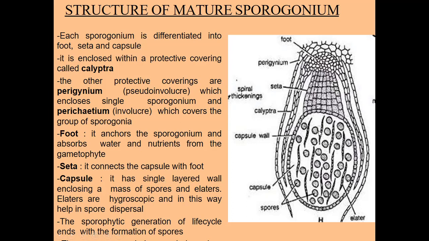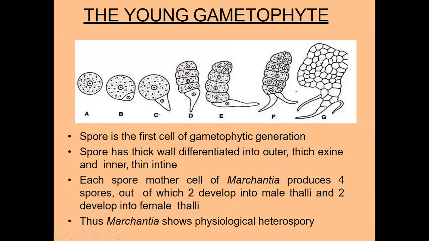These elaters help in dispersal of the spores from the capsule region. When the capsule wall breaks, all the spores along with the elaters are dispersed into the air. When these spores fall on a suitable substratum, they germinate and develop into a new gametophytic thallus. This is how a new thallus is developed.